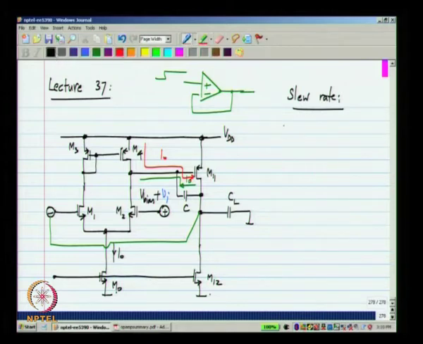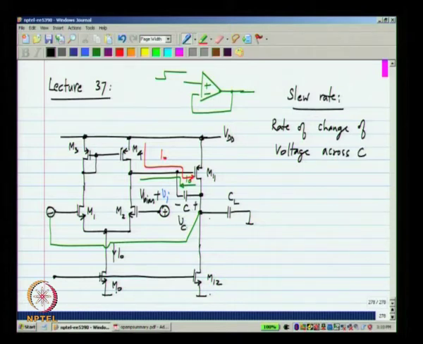First of all, the rate of change of the voltage across C, this voltage V C, that is equal to plus minus I naught by C, assuming that a current I naught will flow through the capacitor. Now, what will be the output voltage?